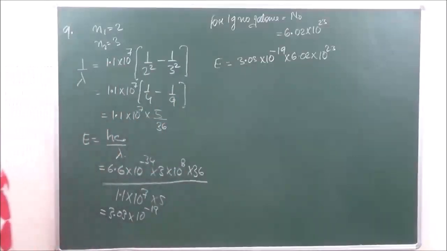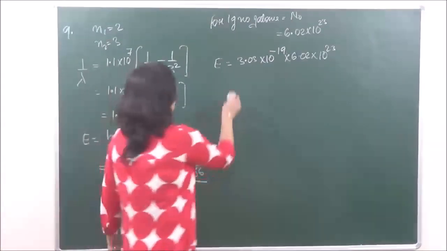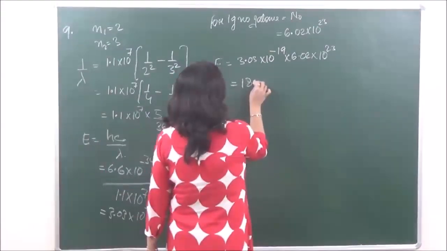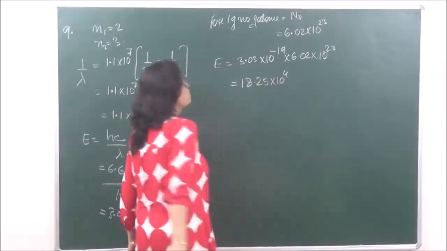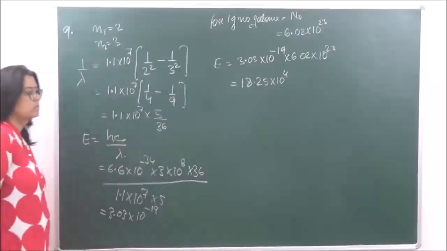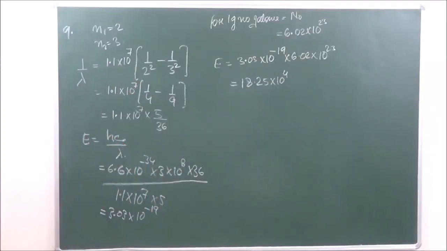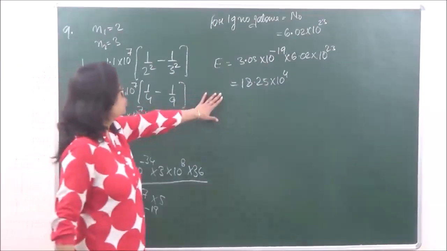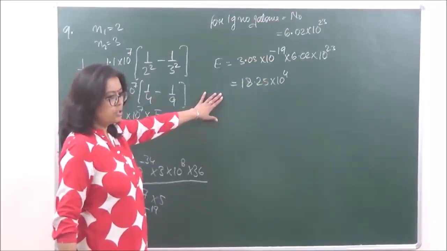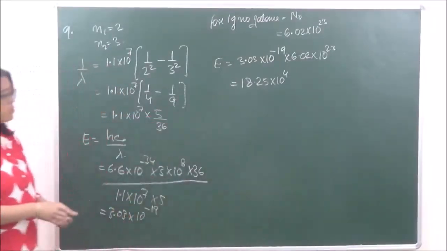This is the energy for 1 gram. And when calculated, it comes to 1.825 into 10 raised to power 5. This is joules per atom, or sorry, joules only, not per atom, joules. Have you understood? Okay. Then the last question.